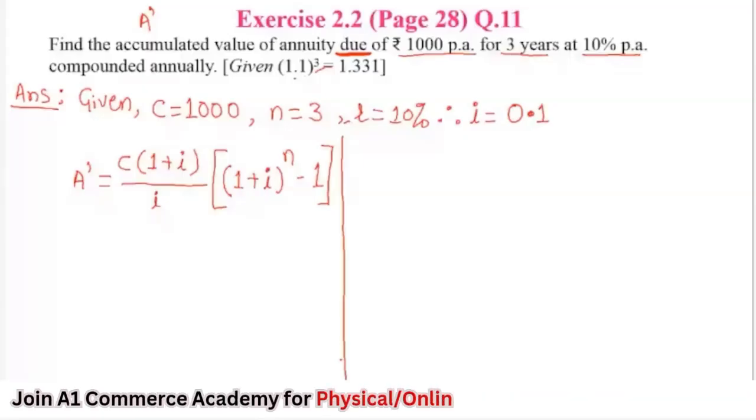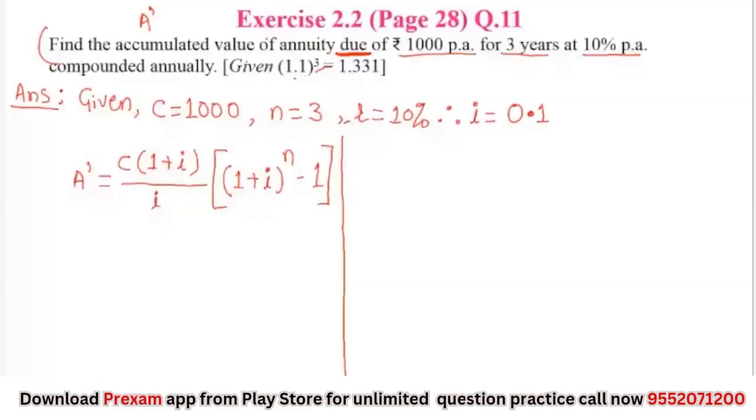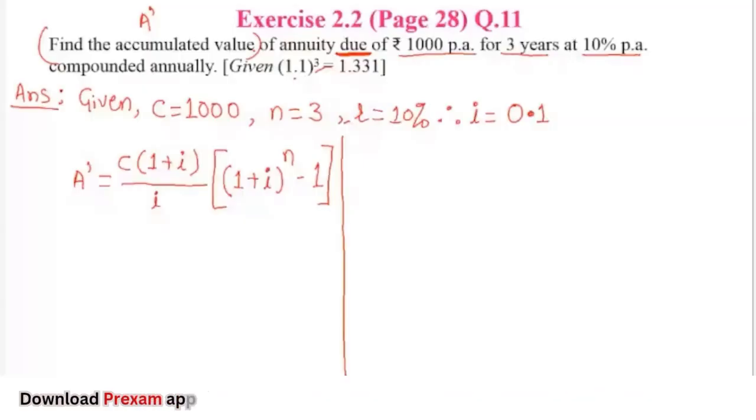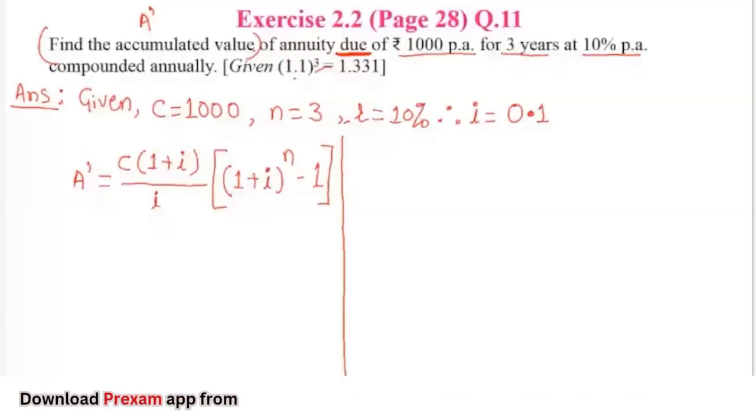Where we are finding immediate annuity, beta? This is the formula of annuity due. Find accumulated value of annuity due. If they had asked annuity due in the question, then we have to find annuity due now, not immediate annuity.